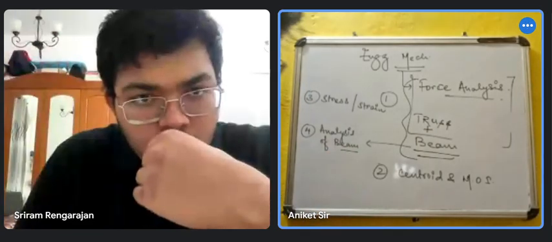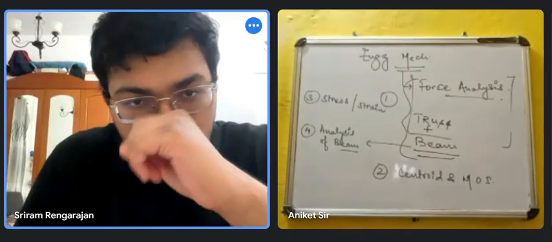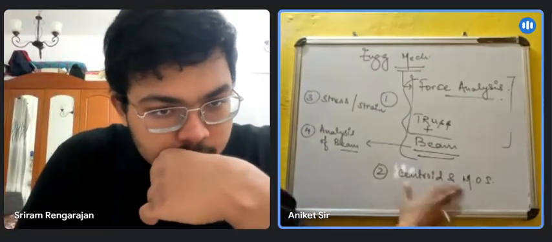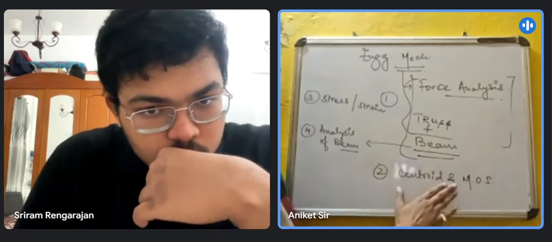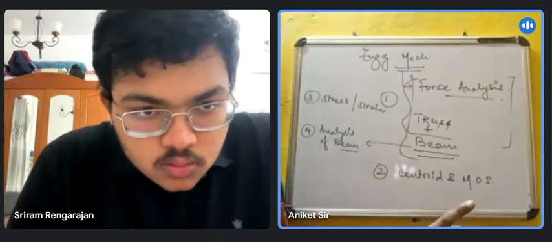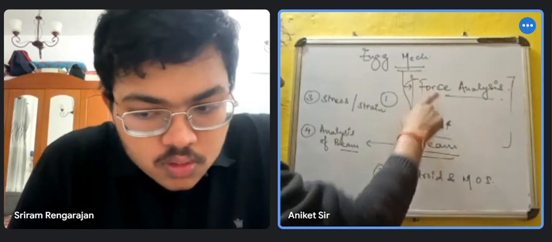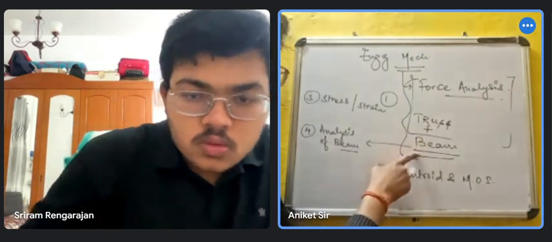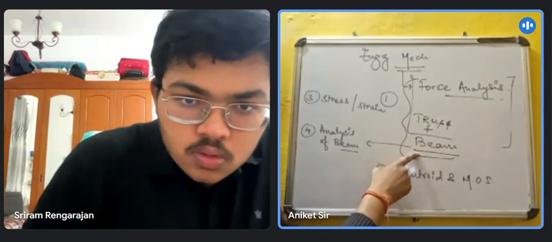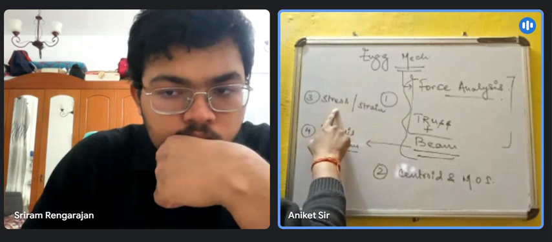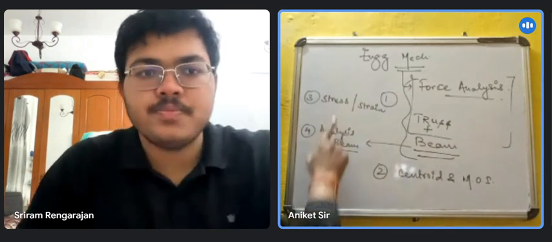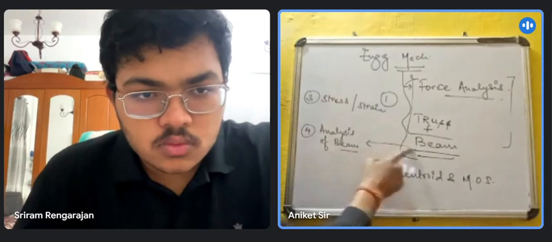Now this centroid and MOI is totally different. Centroid and MOI is a totally different thing. Other than that, this part is linked to this one and this one. This part is different, but this part is linked with this and this part.